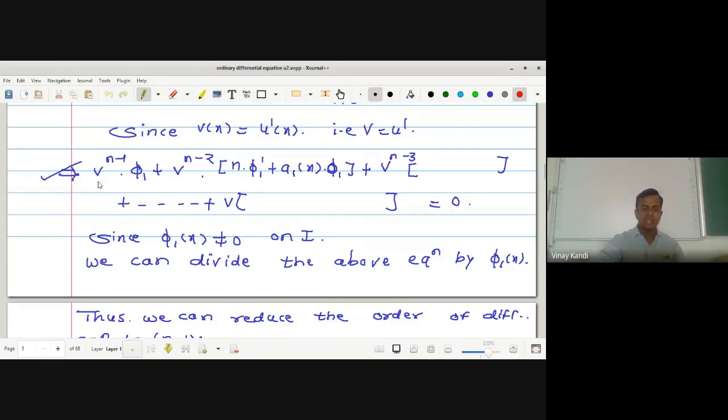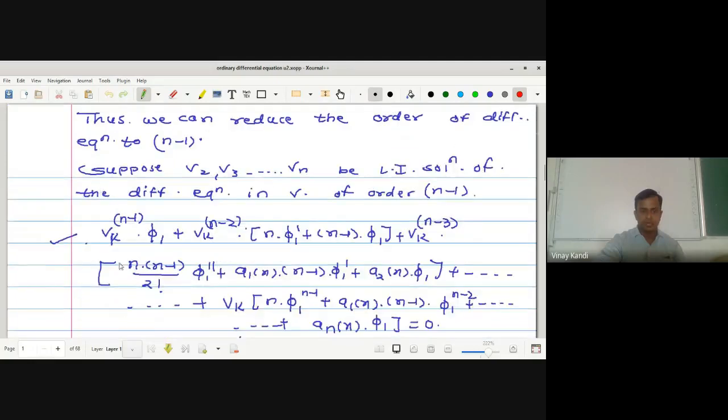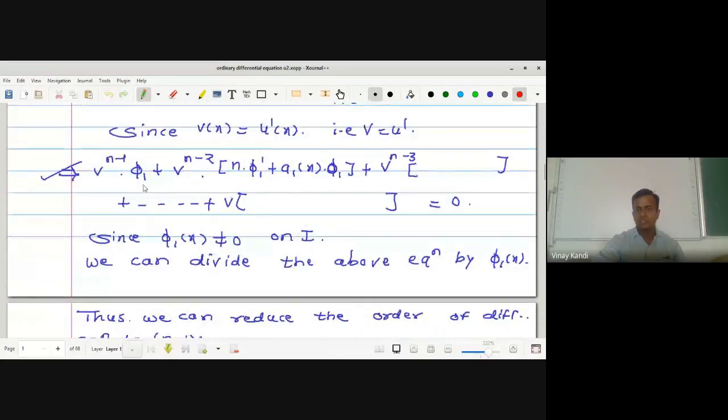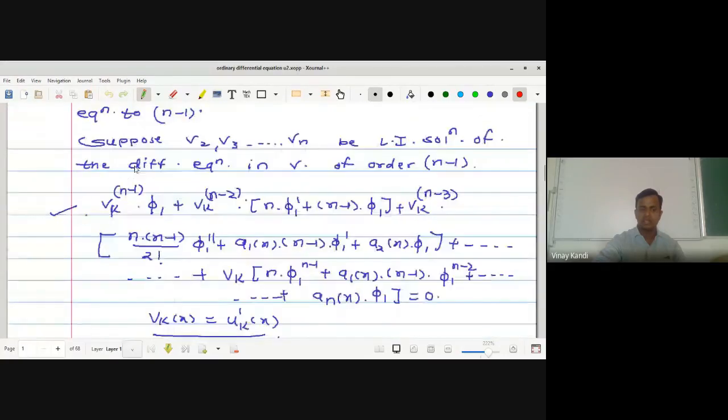In general, we can write V_k. जर V2, V3, Vn हे सोल्युशन असेल तर हा तुमचा डिफरन्शियल इक्वेशन सॅटिस्फाय करणार होतो, of order n minus 1. So in general, we can write V_k raised to n minus 1 plus V_k raised to n minus 2, with coefficients phi 1 n into phi 1 dash plus n minus 1 into phi.